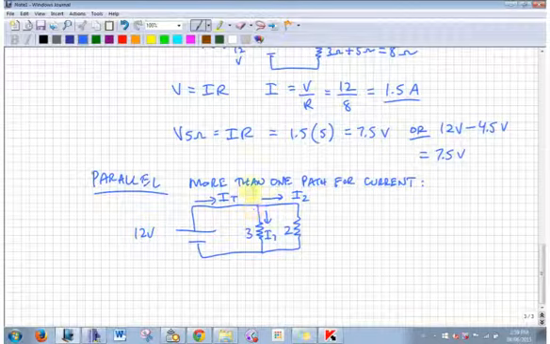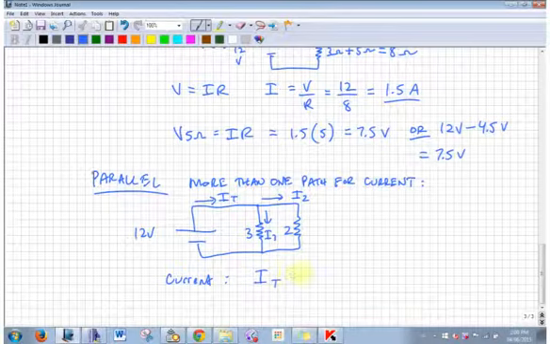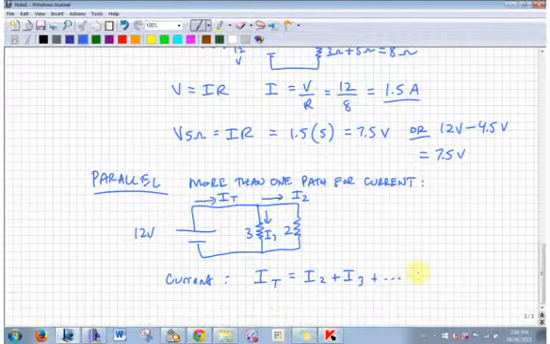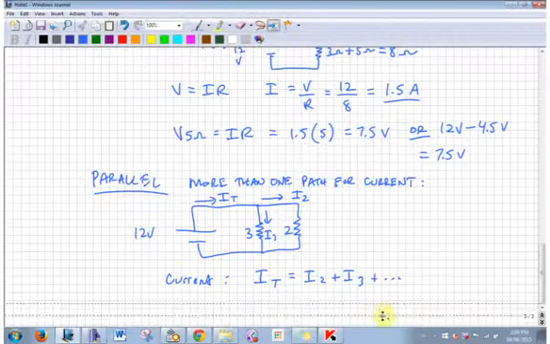So I total is I2... Where'd I1 go? I don't know. I just called those the 2 and 3 ohm resistors, so I2, I3. But however many ways it's split, it all adds up to the total current.